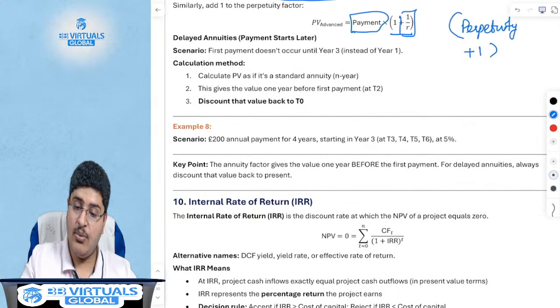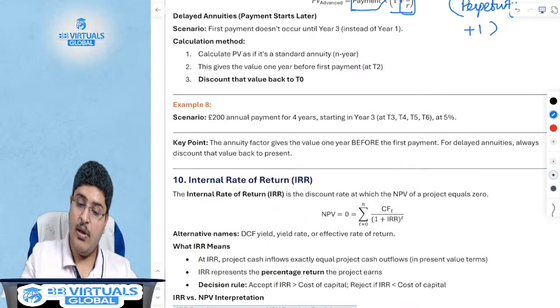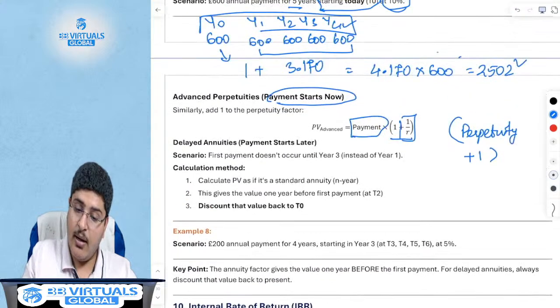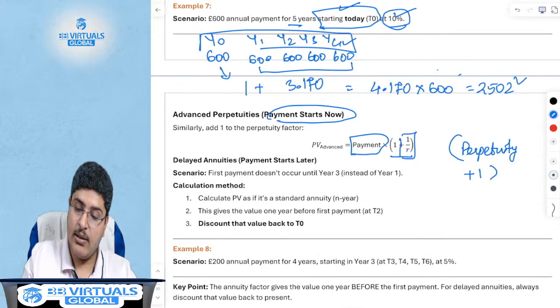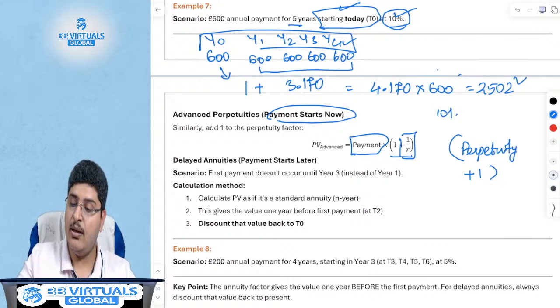So for example, instead of the 10% that I had calculated earlier, you get 10,000 every year starting today.